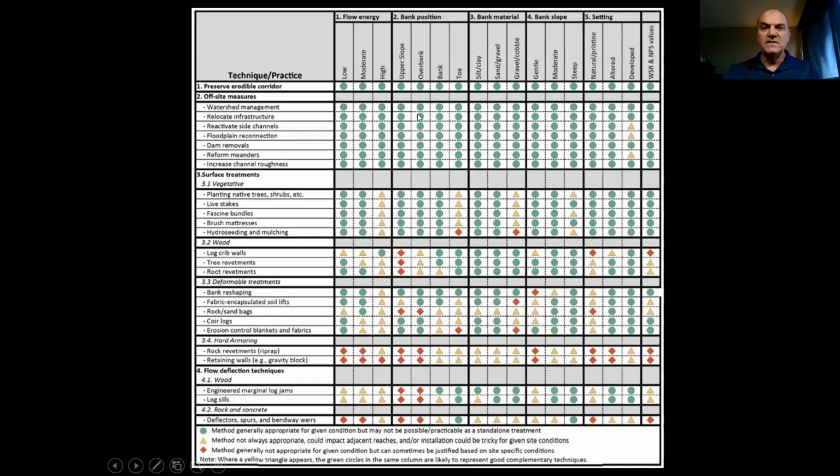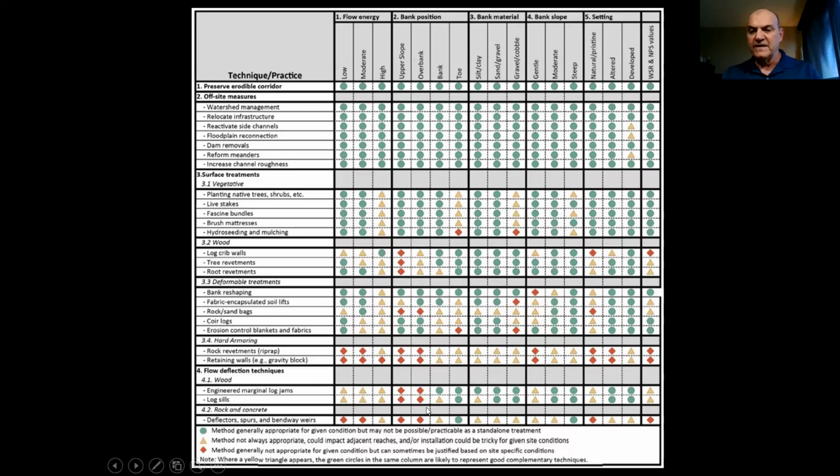So the green circles, the green suggesting this is a good treatment to use. So all the offsite measures are generally good in all scenarios to consider. That's why we see so much green there. But then from a wild and scenic or National Park Service perspective, things we don't want to use or only consider in a last case scenario are the red triangles, the rock deflectors, and rock revetments or riprap treatments.